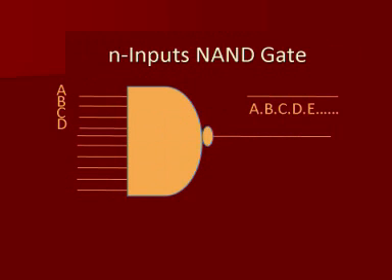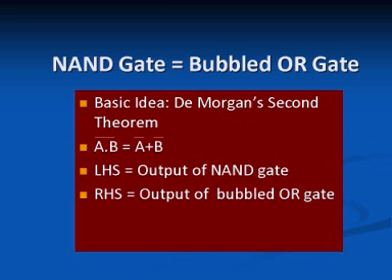We earlier saw that a NOR gate is equivalent to a bubbled AND gate. In a similar manner, one can understand that a NAND gate is equivalent to a bubbled OR gate. We know the output of a NAND gate is (A into B) bar. According to De Morgan's second theorem, (A into B) bar is equal to A bar plus B bar.